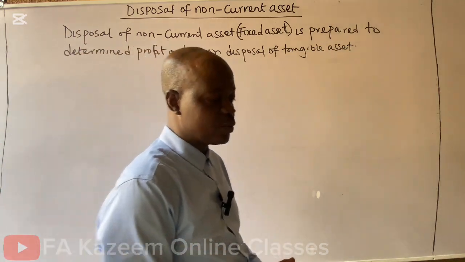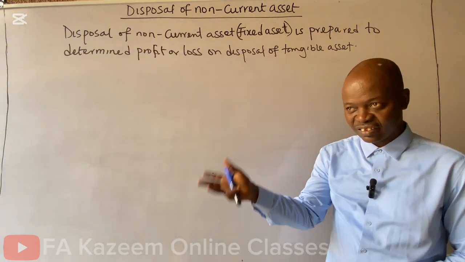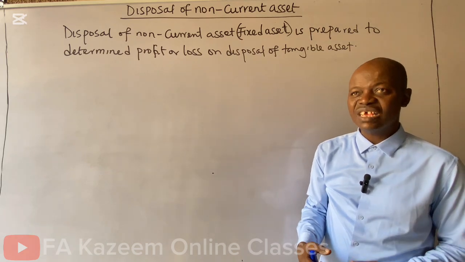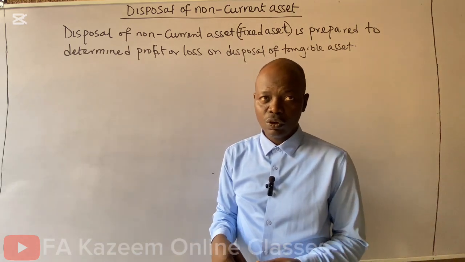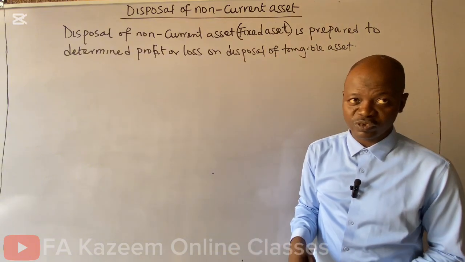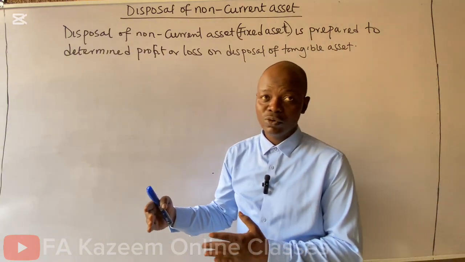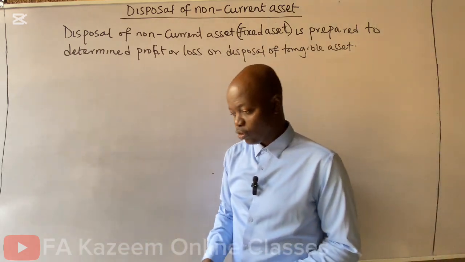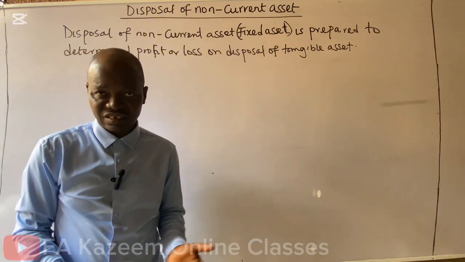An asset may be disposed to acquire another higher version of an asset, or if the asset is no longer needed in that organization, or when the asset has reached the end of the useful life. The asset may be sold as a scrap to another organization who may also need such asset.